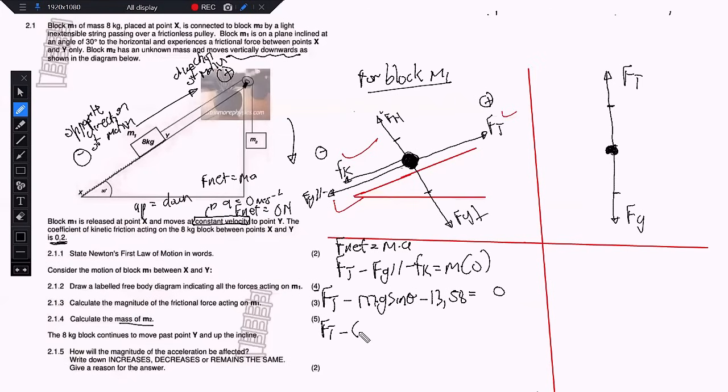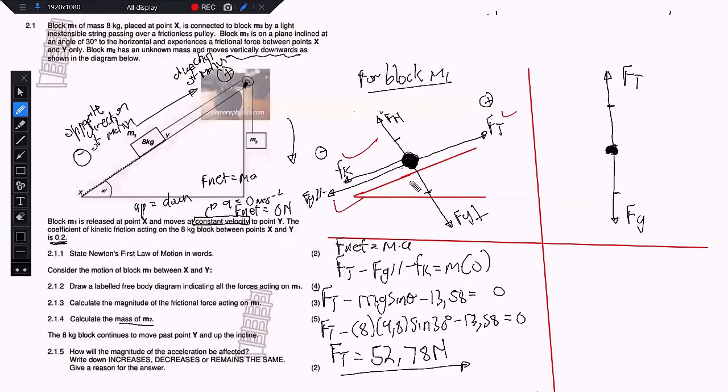The mass is 8 multiplied by 9.8, sine 30 degrees, minus 13.58 is equal to 0. If you punch all this into your calculator, not forgetting the negative, minus 8 times 9.8 sine 30 degrees minus 13.58, you will get negative 52.78, which if you transpose it to the right-hand side, is positive 52.78 newtons.